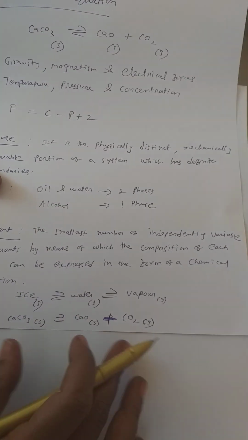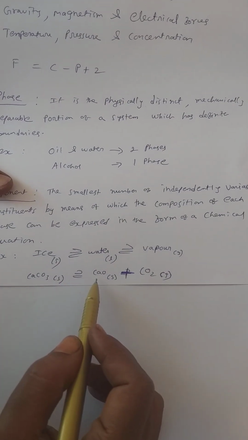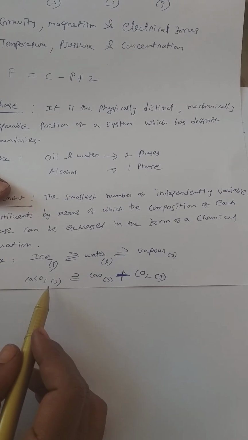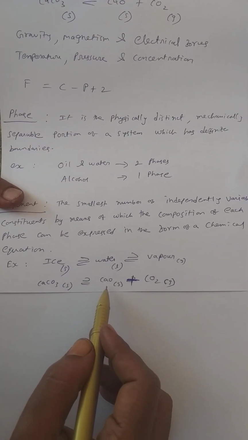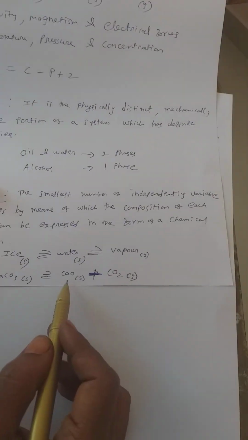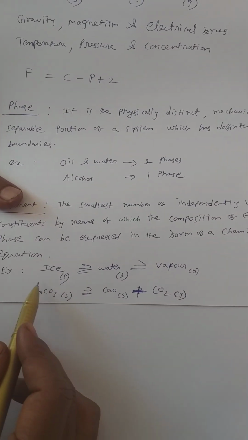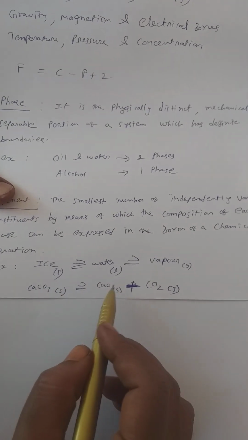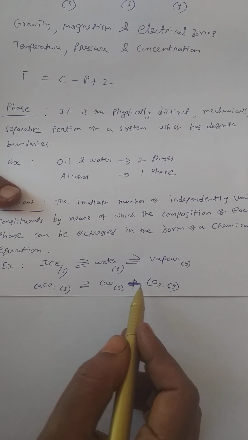As another example, the heterogeneous equilibrium, that is calcium carbonate, which gives calcium oxide and carbon dioxide, is taken, where the reactant calcium carbonate exists in solid phase, and the product calcium oxide exists in solid phase, and carbon dioxide exists in gaseous phase. In order to define this particular phase alone, we require the components, that is calcium oxide and carbon dioxide.